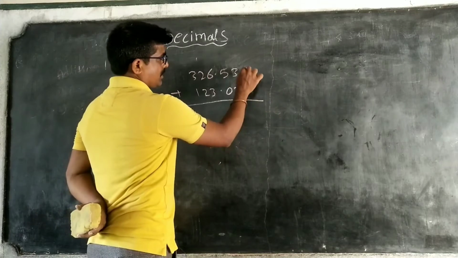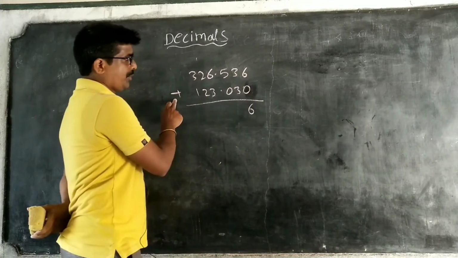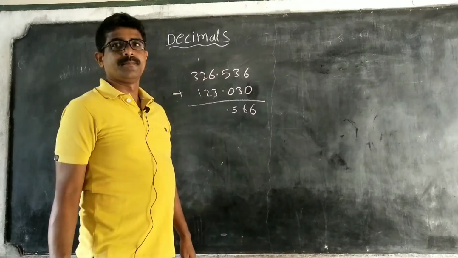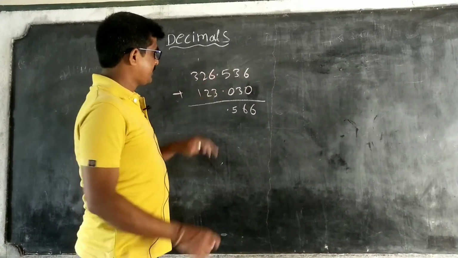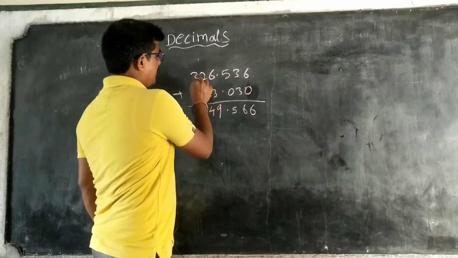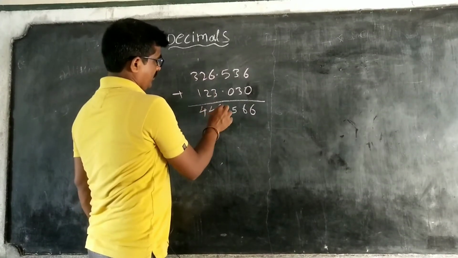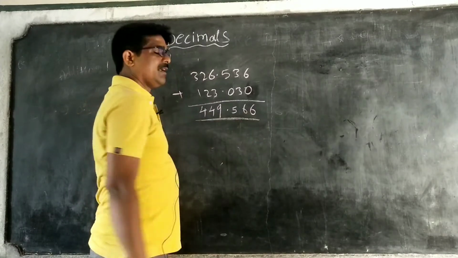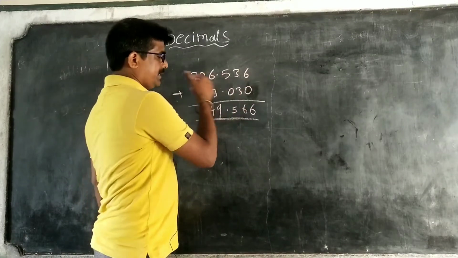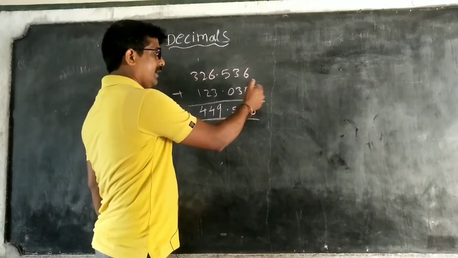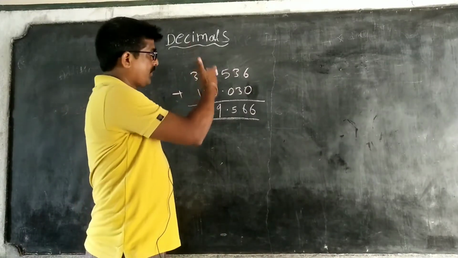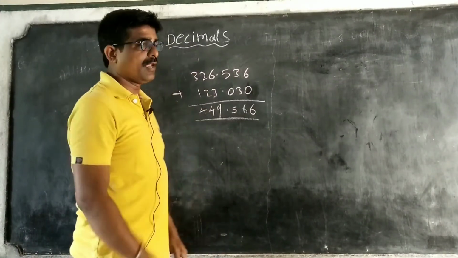Now I am doing addition: 6, 5, point. Next 6 plus 3, 9, 2 plus 2, 4, 3 plus 1, 4. That is the addition, same as our addition only. So after the point, where a number is not there, you have to keep zeros. This is for addition.